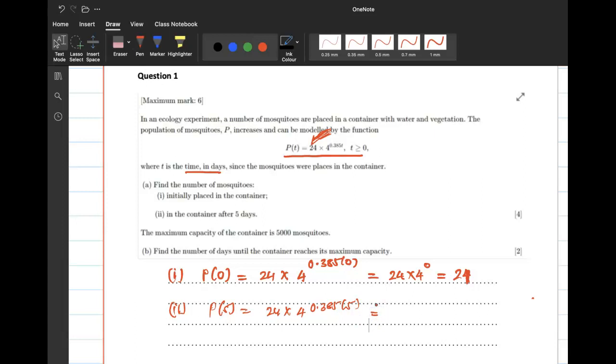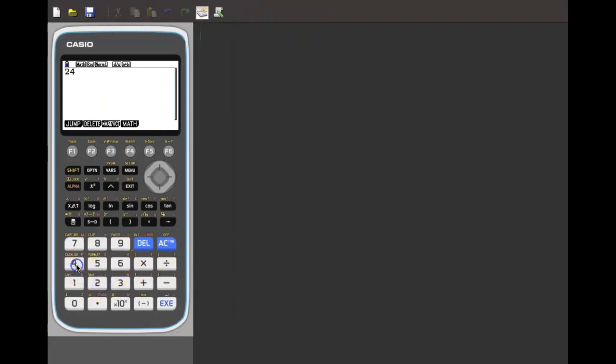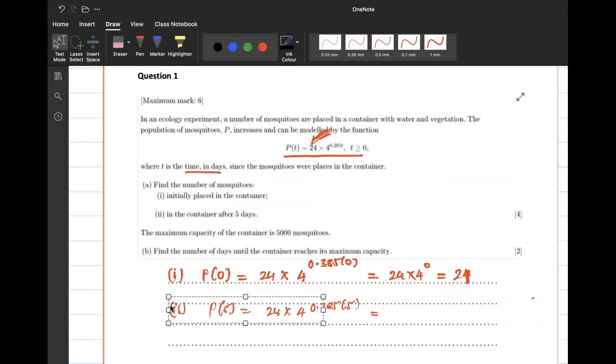So put that on your calculator: 24 × 4^(0.385 × 5), because it's a number of days only. So that would be basically 346. So 346 mosquitoes would be there in the container.